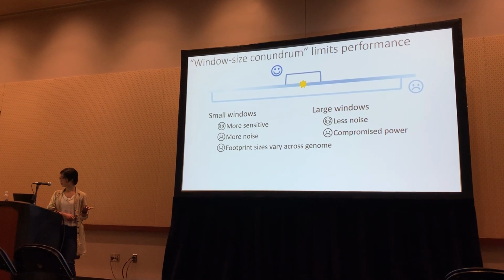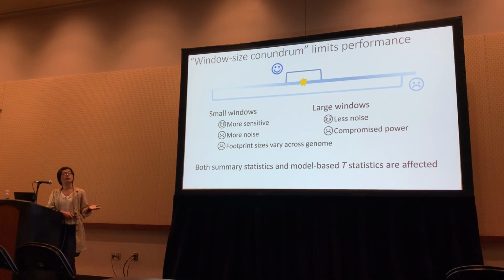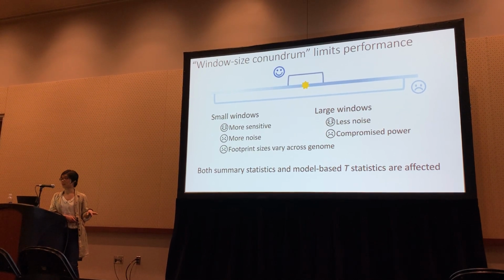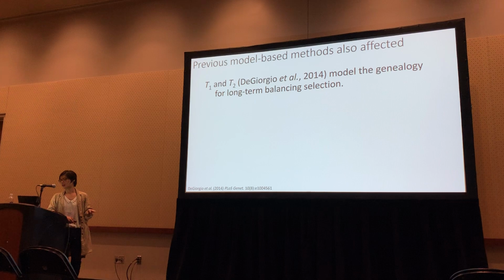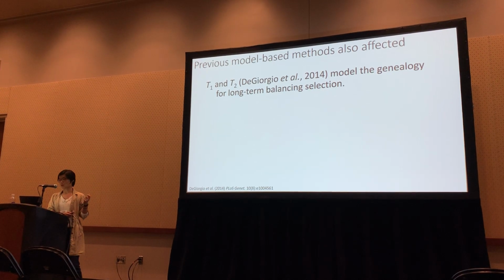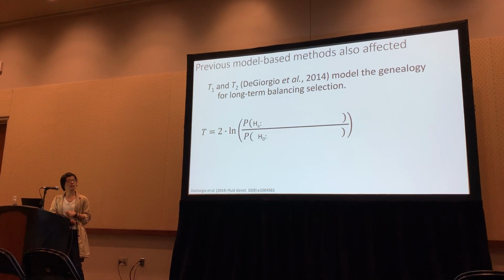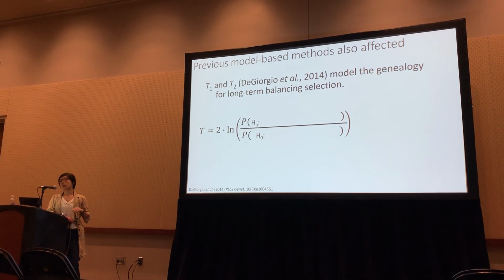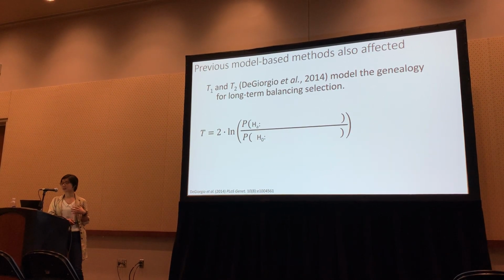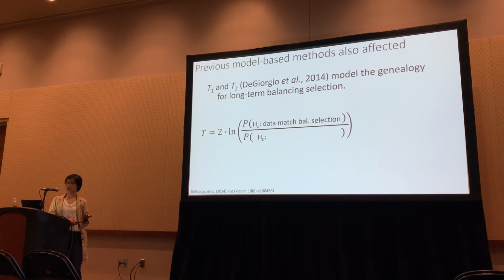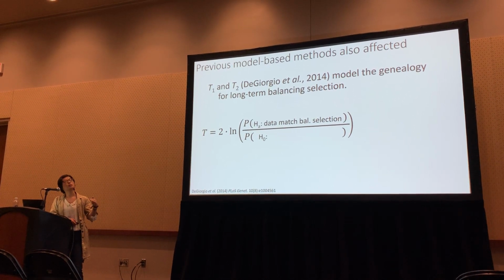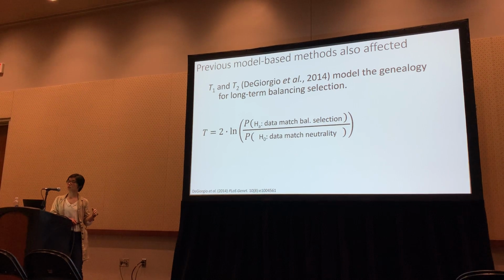And this is not only the case for summary statistics. The current model-based method also faces this constraint, and let me show you why. So the T1 and T2 statistics developed by Giorgio back in 2014 are a set of likelihood ratio statistics that are essentially asking how much more likely the data we observe fits what we expect under balancing selection versus neutrality.